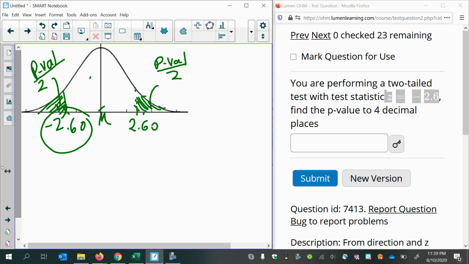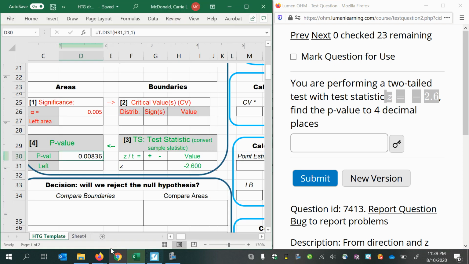So back on the spreadsheet, we'll say p-value over 2.